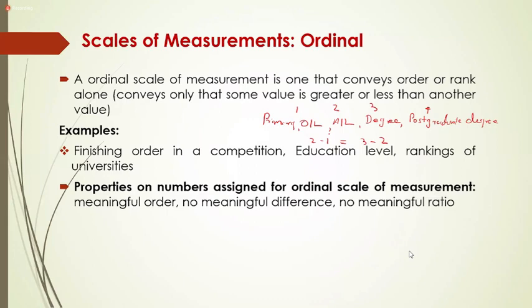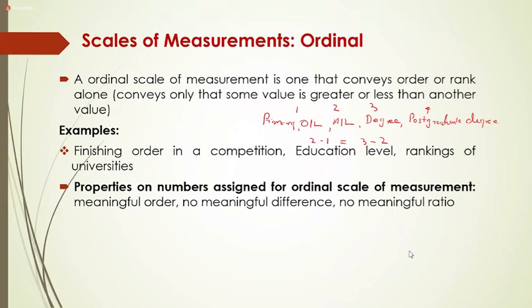No, ma'am. So here we can't say that these differences are the same, right? We can just compare the qualifications, but we can't say to what extent the difference is. We cannot measure the difference between the two qualifications, right? So the difference is not meaningful.